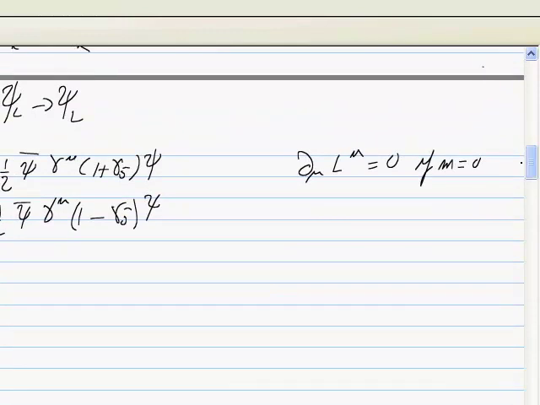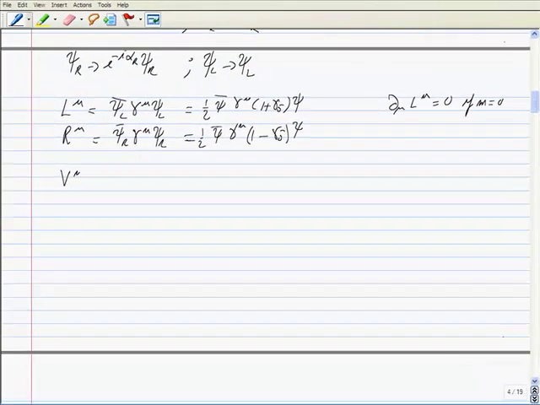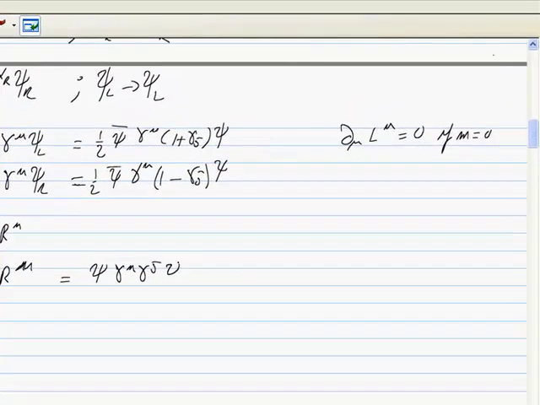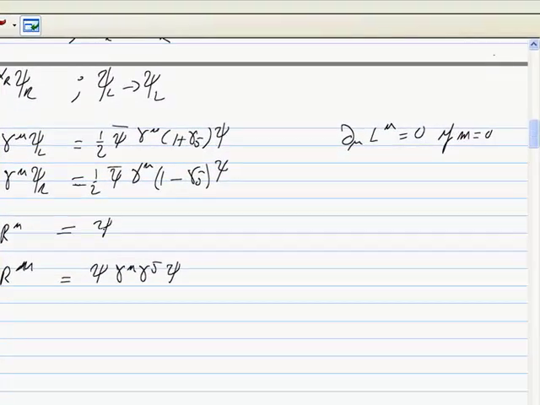So that's true. For later reference, we often will do this as V mu is L mu plus R mu. That's the vector current. The axial vector current is L mu minus R mu. Well, this is psi bar gamma mu gamma 5 psi.